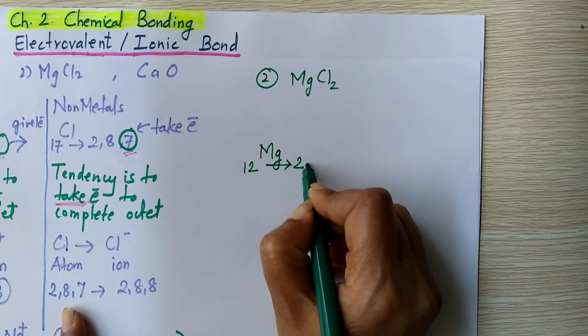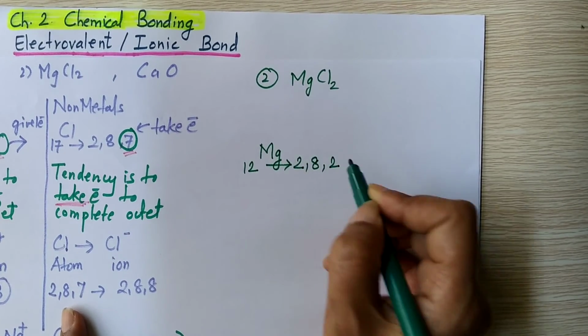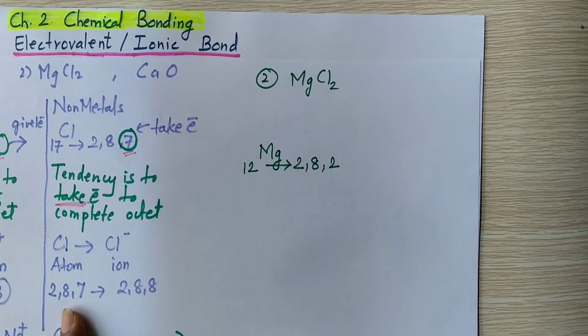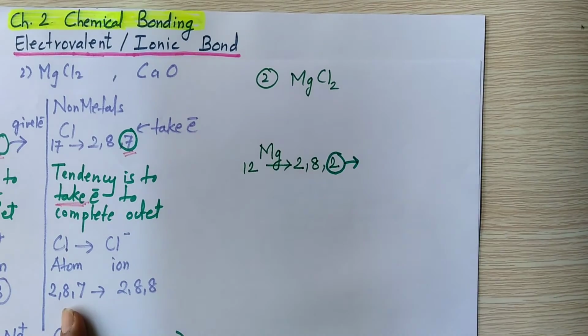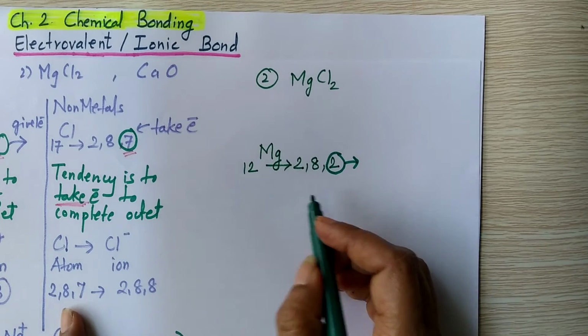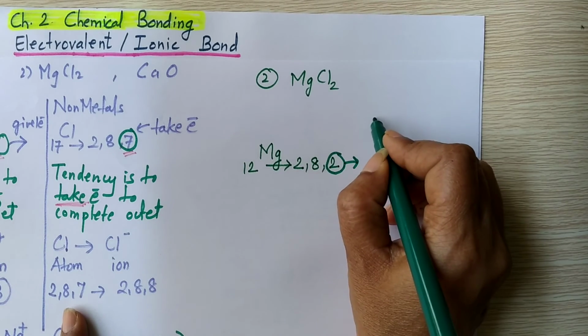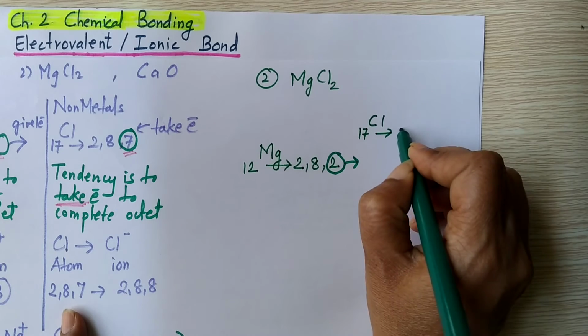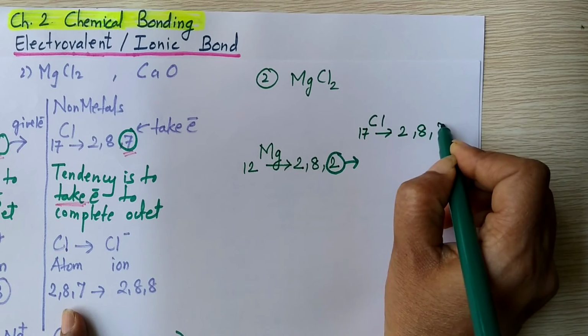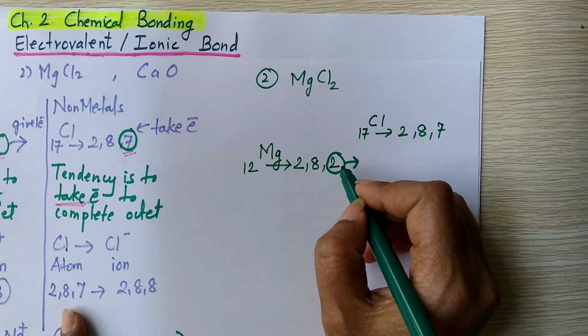Electronic configuration is 2,8,2. Magnesium is going to give away these 2 electrons. Now chlorine is having 17 electrons, 2,8,7. So it is giving 2 electrons.